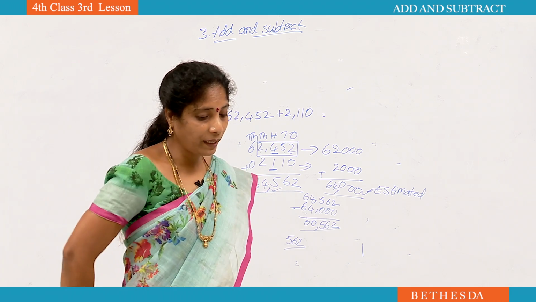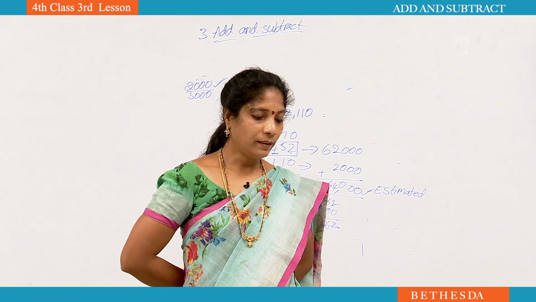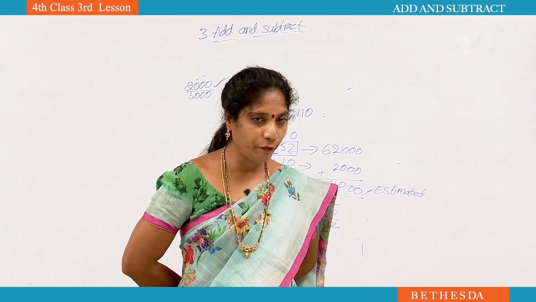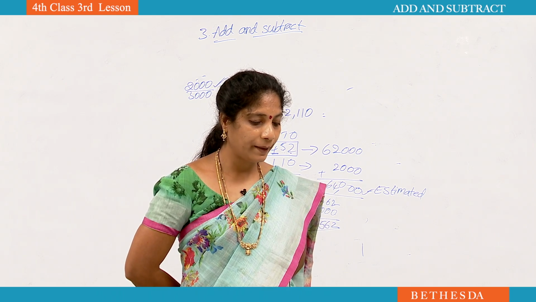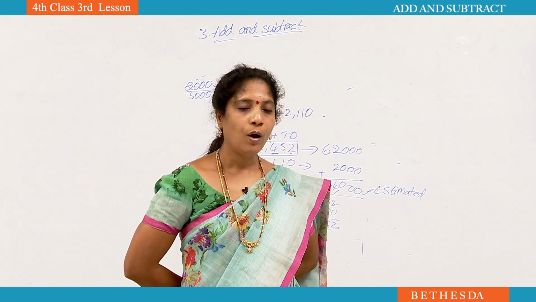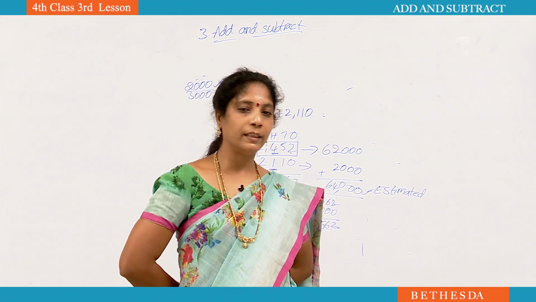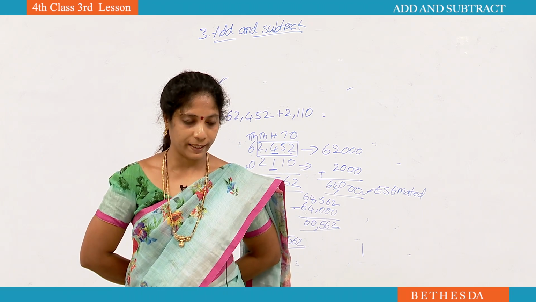Now, see activity 3.11. A theatre hall can accommodate around 15,600 people. The school has decided to host its annual day celebrations at the hall. One theatre is there, and in that theatre 15,600 people can sit.